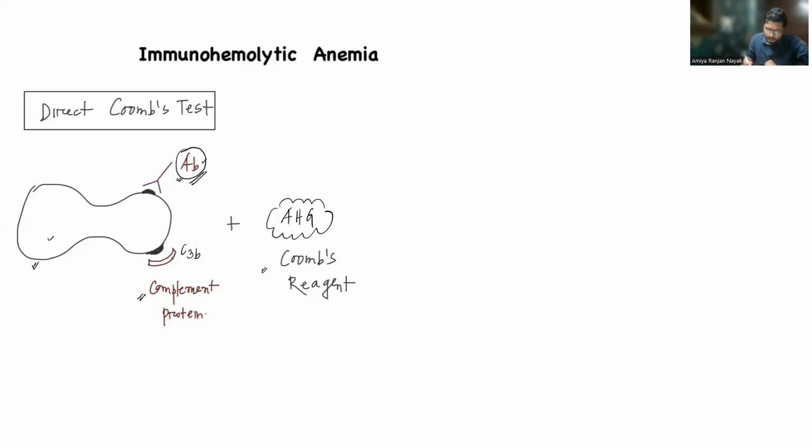Now what happens? If the antibodies have already bound to the RBCs, there will be agglutination when you add the Coombs reagent or the anti-human globulin. How is this happening? As you can see here, these are all RBCs which have these anti-RBC antibodies.